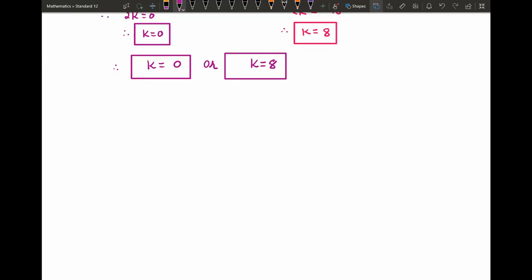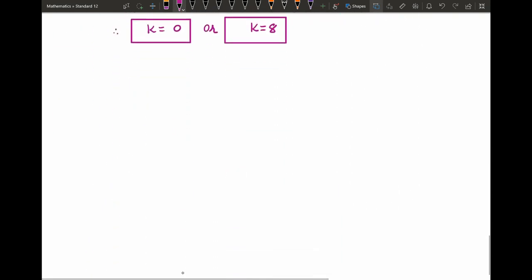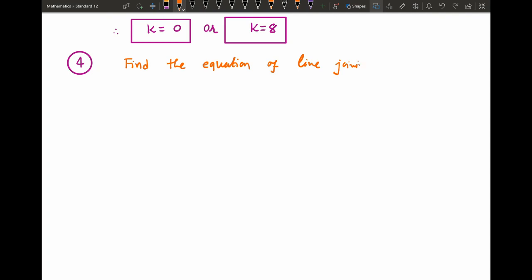Next example: find the equation of line joining 1, 2 and 3, 6.